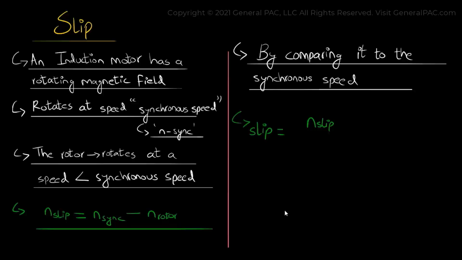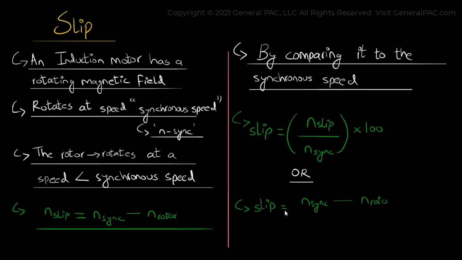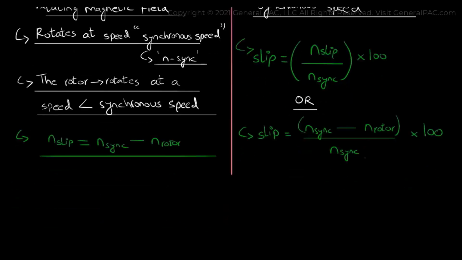So the slip is equal to n-slip divided by n-sync times 100. The equation can also be written as slip is equal to n-sync minus n-rotor divided by n-sync times 100. Now let's see a solved example in Electric Machinery Fundamentals by Chapman, example 7-1.